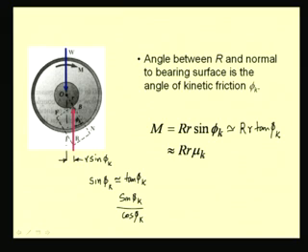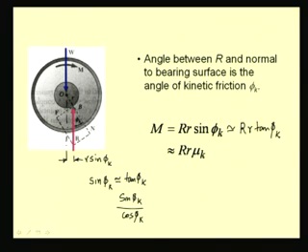And we know that tan phi k is nothing but the coefficient of kinetic friction, and so we replace this by mu k, and we see that this moment M is equal to R times small r times mu k, where R is the reaction force which is equal to the weight W, small r is the radius of the axle, and mu k is the coefficient of kinetic friction that exists between the axle and the bearing block.